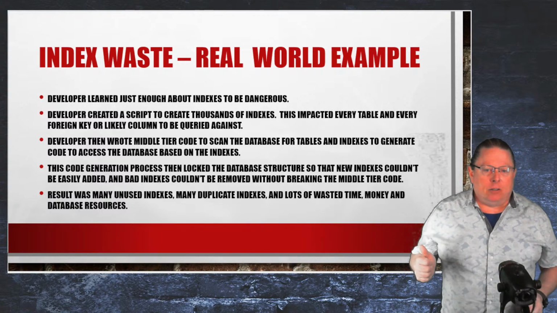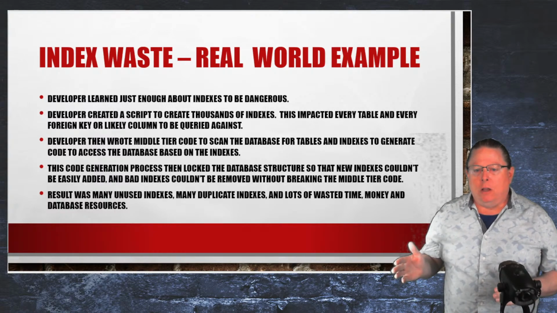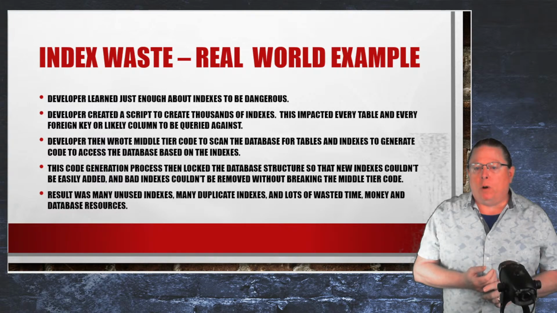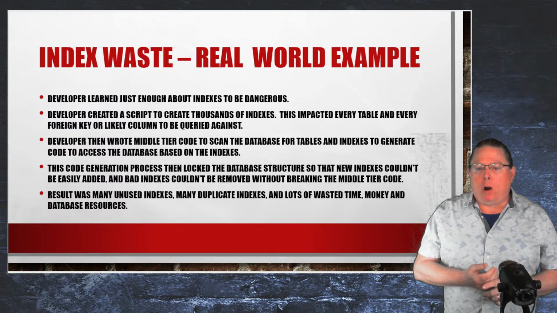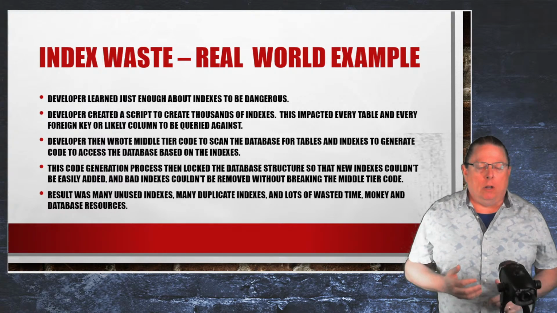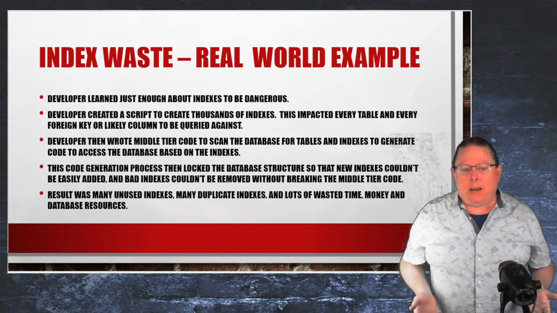And then, to make it worse, that developer then wrote the middle tier code to scan the database for tables and indexes and generate their accessor code based off of what indexes were available. The problem was that a lot of these indexes weren't even being used. There was no business case for it. Some of them were linking to tables that had foreign keys that weren't being used or that weren't needed anymore.